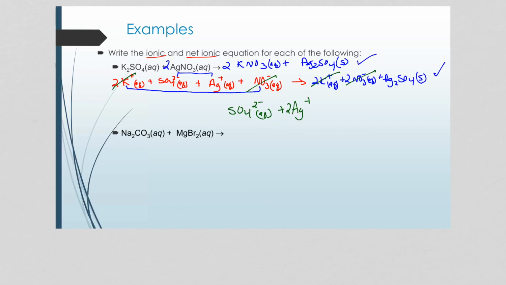So right, we needed a 2 here and a 2 here, aqueous, to give silver sulfate solid.